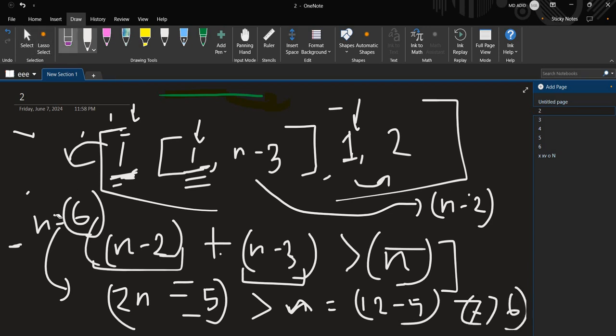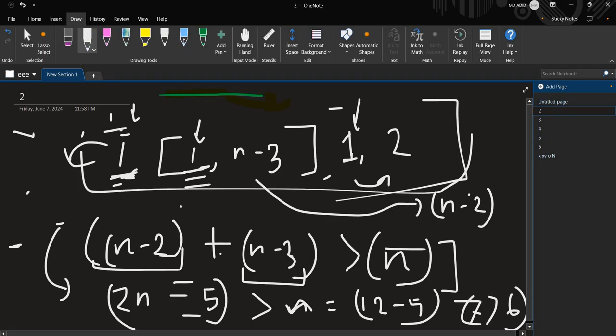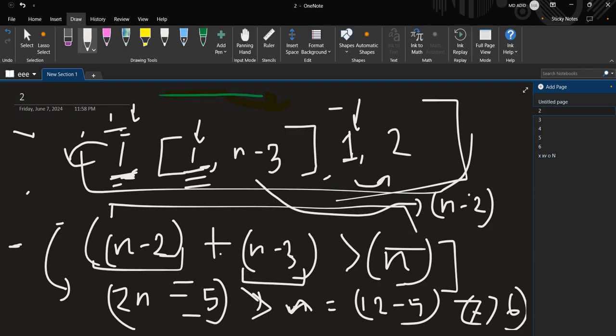So that's the final proof of this pattern right there. You get 2n minus 5, which should always be greater than n, as proven for the minimum value of n, which is 6. For 6, 2n minus 5 gives me 7, which is greater than the length of the array, which is n.